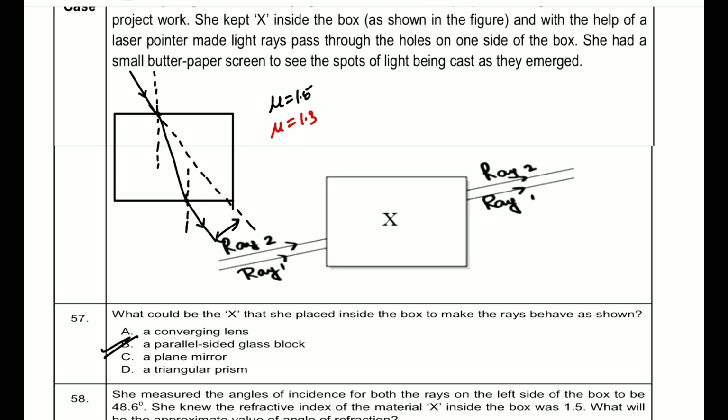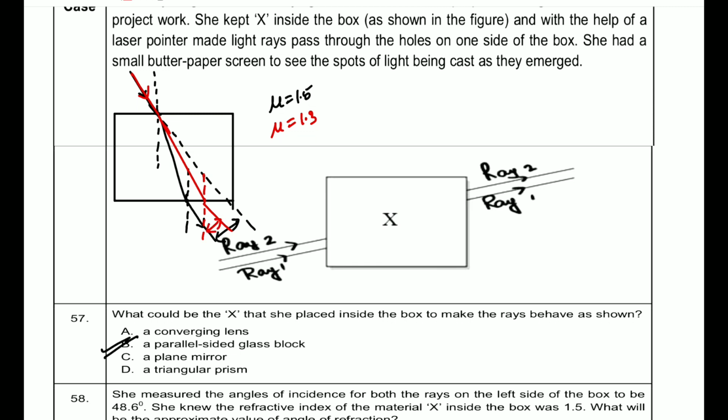If my refractive index is less, then I know that my bending is going to be less. Yes or no? If my refractive index is less, then my bending will be less. So if my bending is less, then you can see something like this happen, and the ray will go like this.